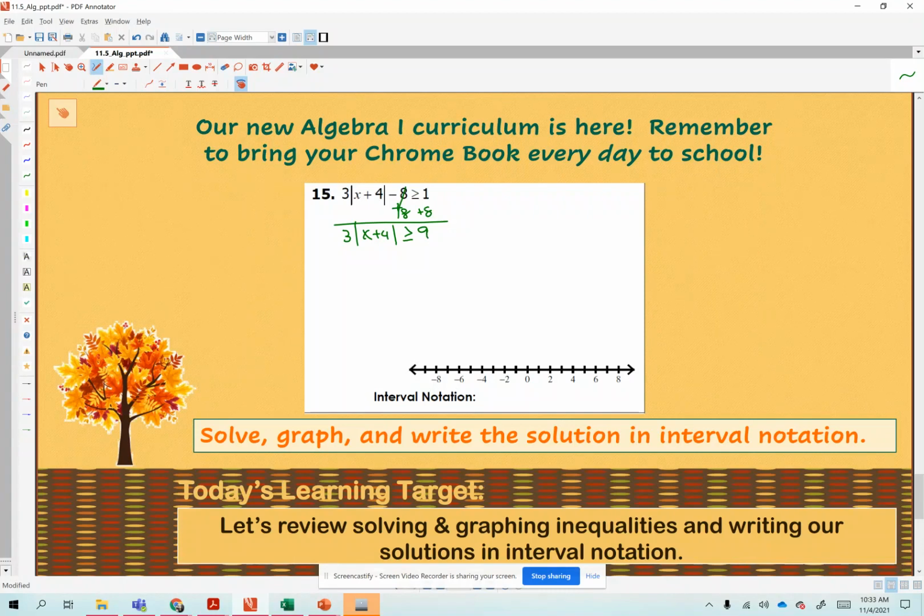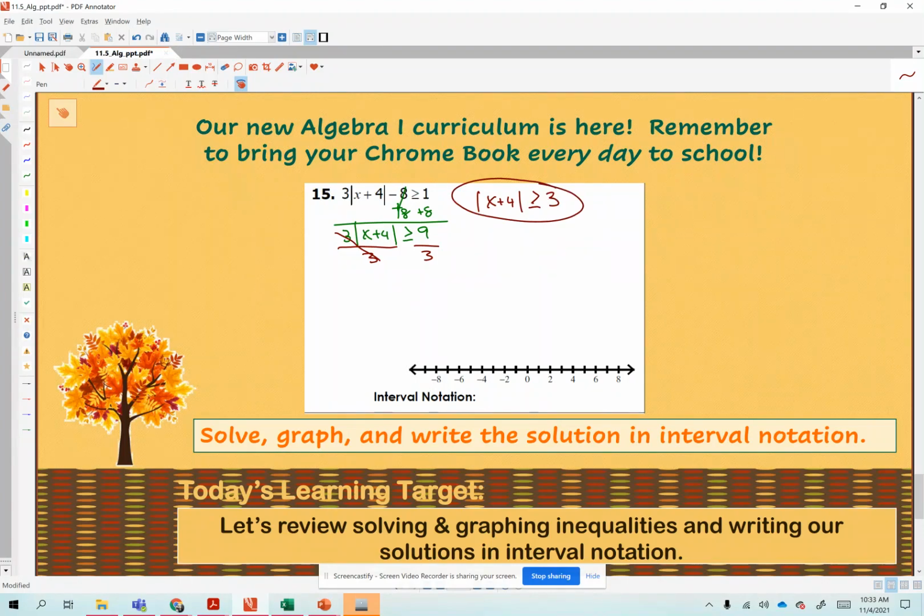Now we're going to divide both sides by 3, which gives me the absolute value of x plus 4 is greater than or equal to 3. Now that's my absolute value isolated.